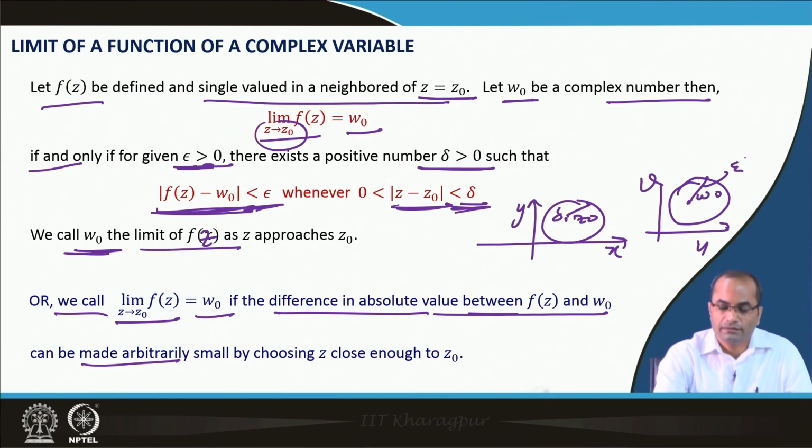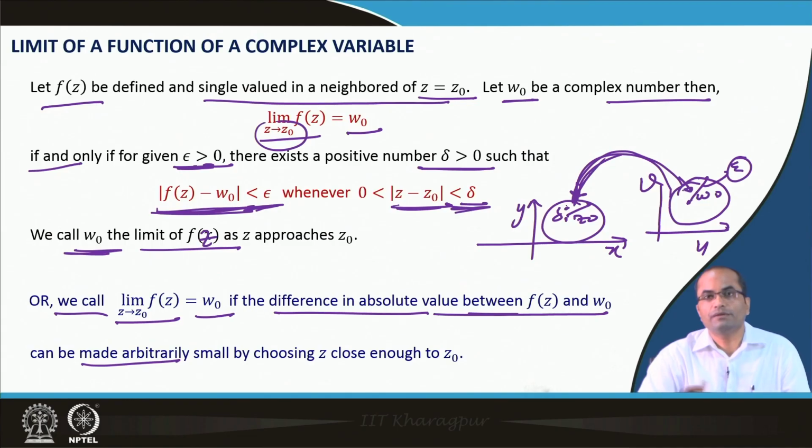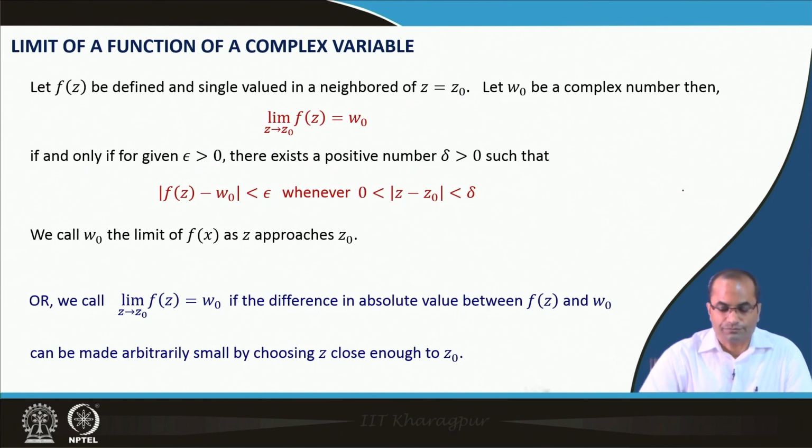For any given epsilon however small, if we can find a neighborhood around z naught so that any point in it is assigned values in the neighborhood of w naught, then we call this the limit of the function.